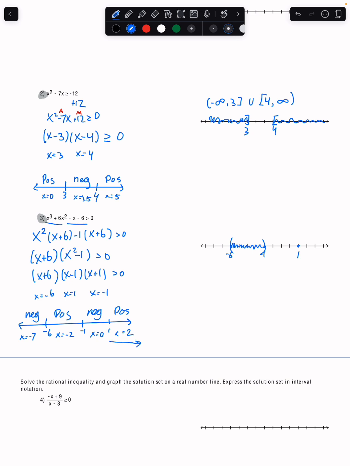And then at 1, it goes positive in the right direction. So put this parenthesis, and it increases going on forever. Then if you need to write that in interval notation, it's negative 6 to negative 1, union 1 to infinity.